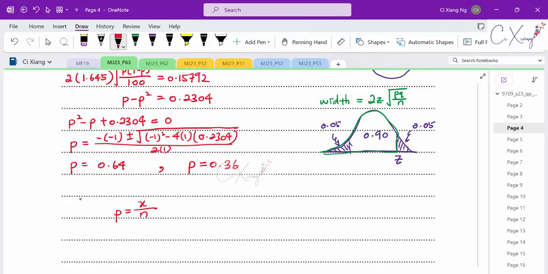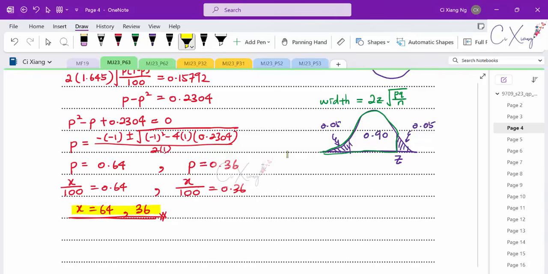Our N is 100, so P equals X over N. So I replace it by X divided by 100 equals 0.64, and after that X divided by 100 equals 0.36. From here, it's quite obvious already. Your value of X is equal to 64 and also 36. So this is how we solve this question number 3.